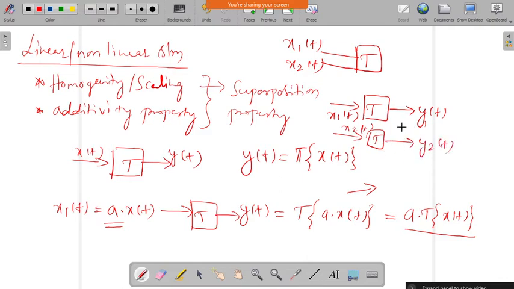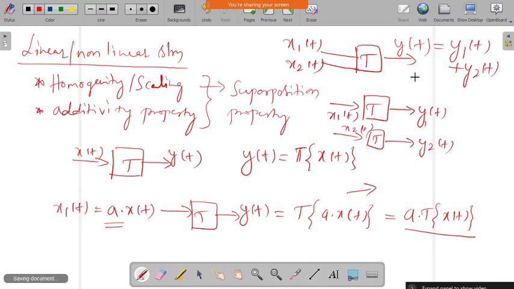Additivity means that when x1 of t and x2 of t are given to the system together, the output is y1 of t plus y2 of t, the addition of the two individual outputs. Then the system possesses the additivity property.